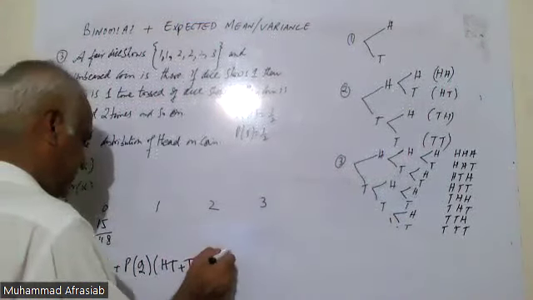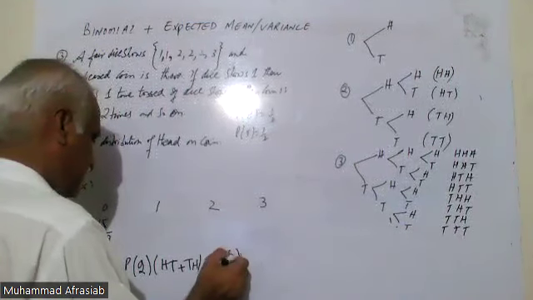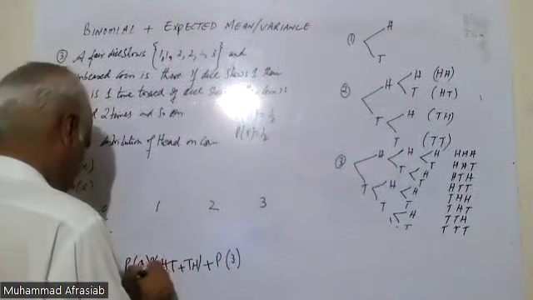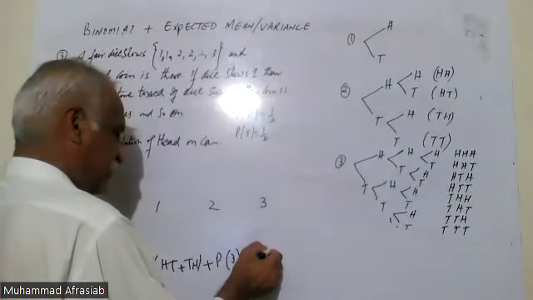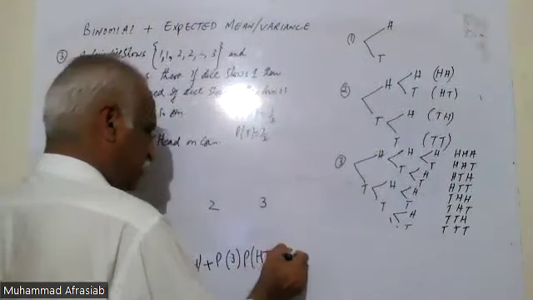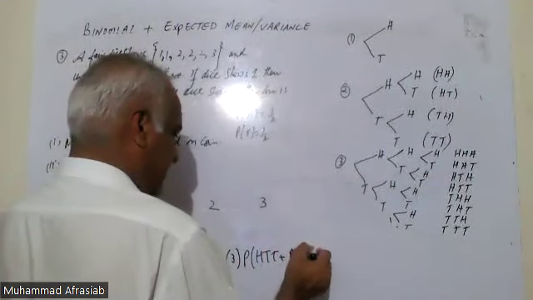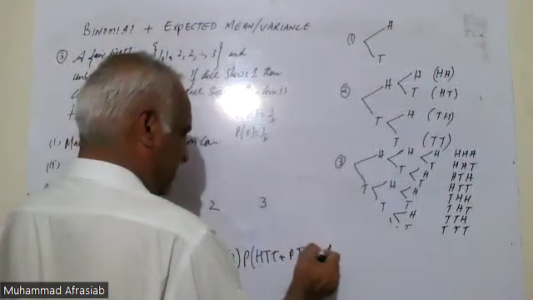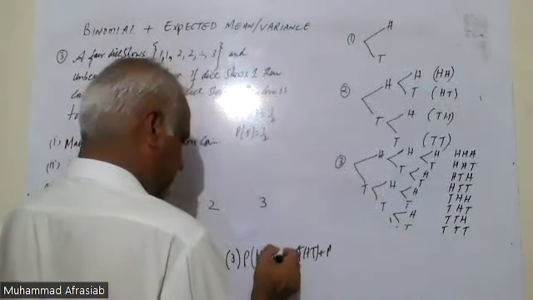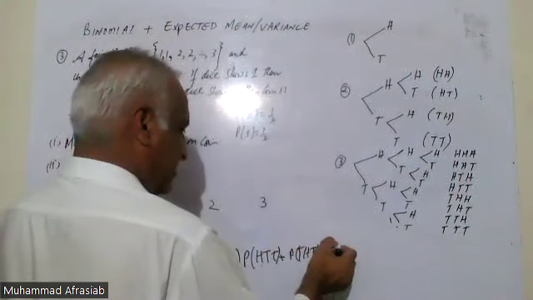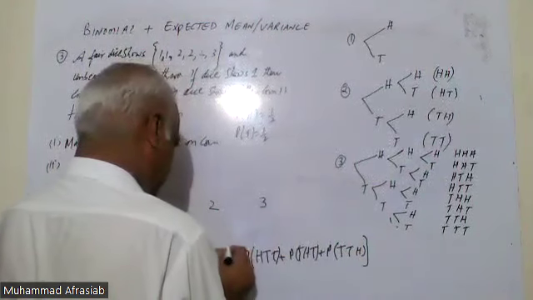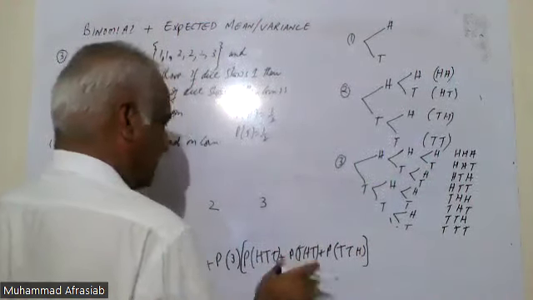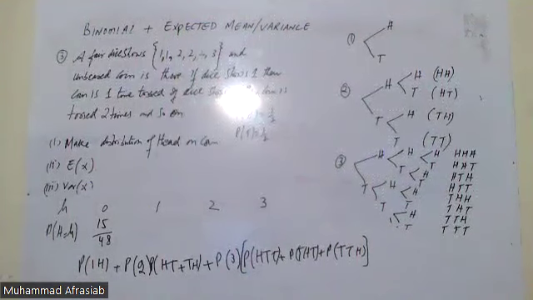And if you throw three times, then it is the probability of head, tail, tail, plus tail, head, tail, plus tail, tail, head. This is the total combination of this part.